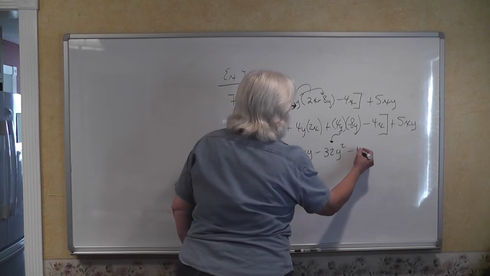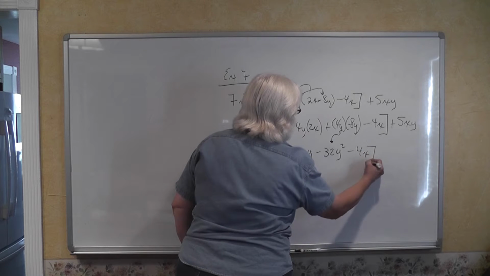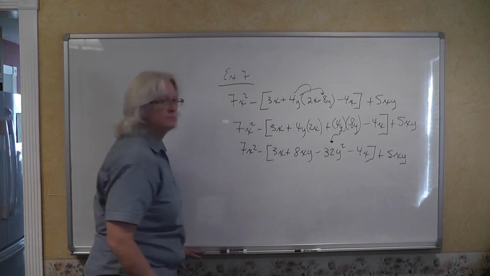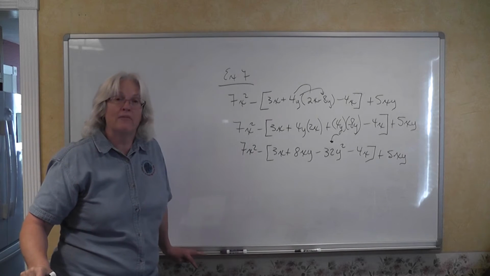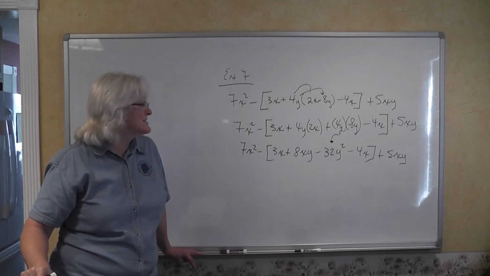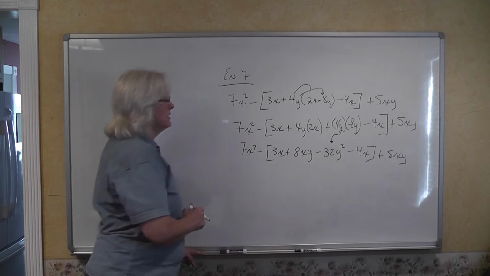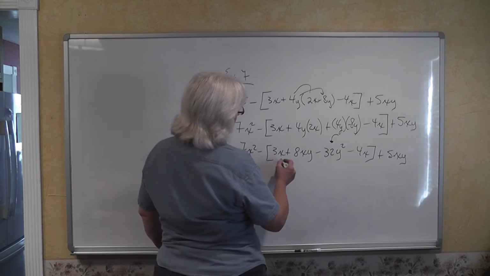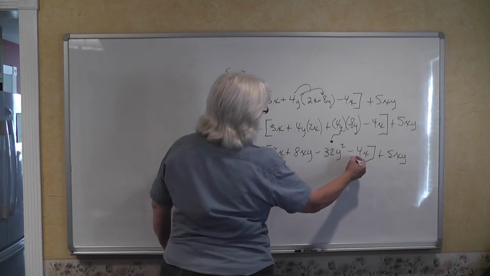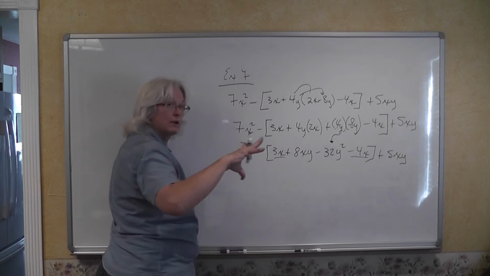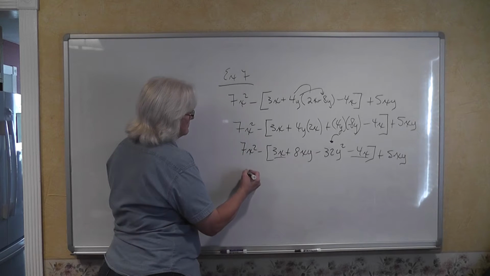Now we have minus 4x plus 5 times x times y. Now we're down to where we have brackets only. We're going to simplify or combine like terms within those brackets. What do we have that's the same? Well, we've got a 3x and we've got a negative 4x. And our brackets are going to go away now.